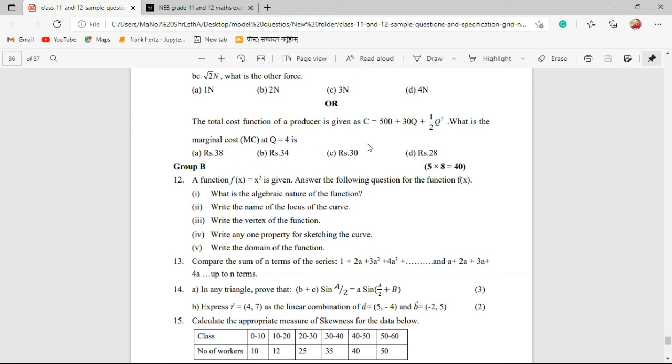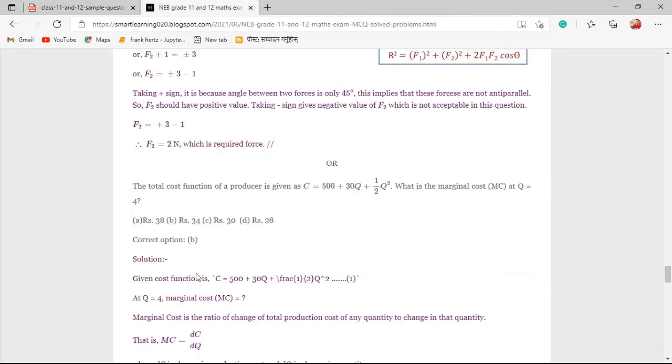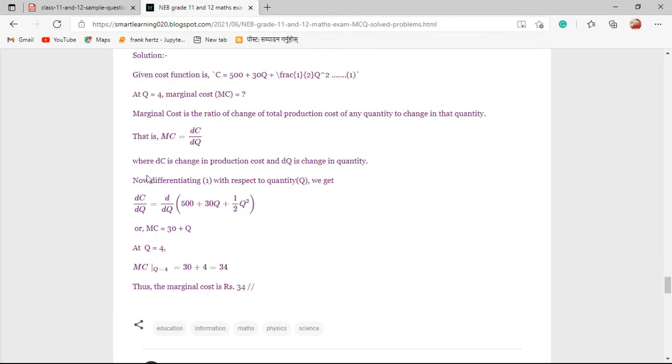So you have to find the value of MC, marginal cost, at Q equal to 4 by using this relation. You have to modify this relation and then use the value of Q and find the value of MC. If you see the problem solution here, let me explain what marginal cost is.